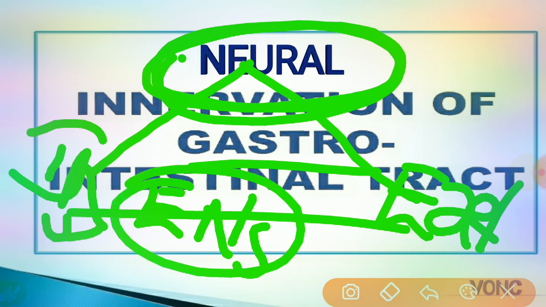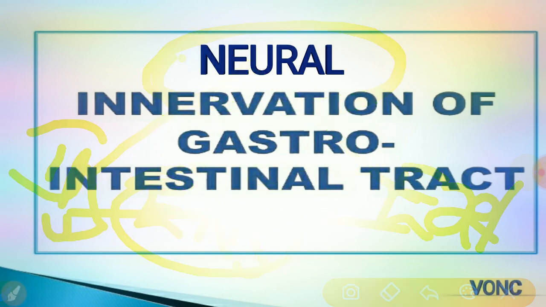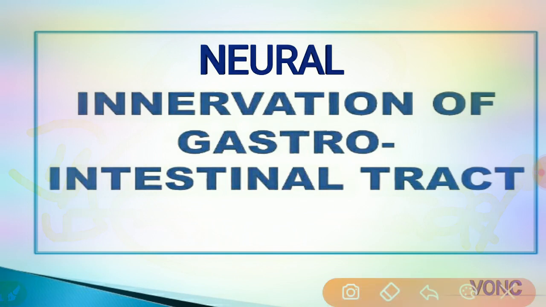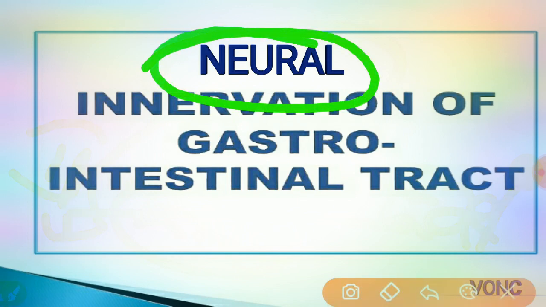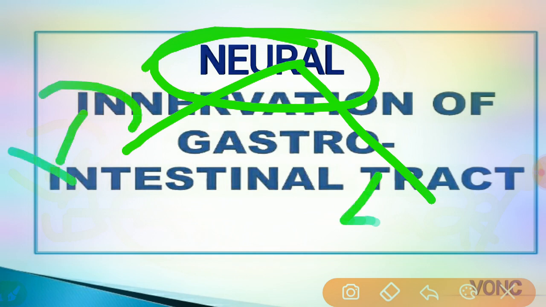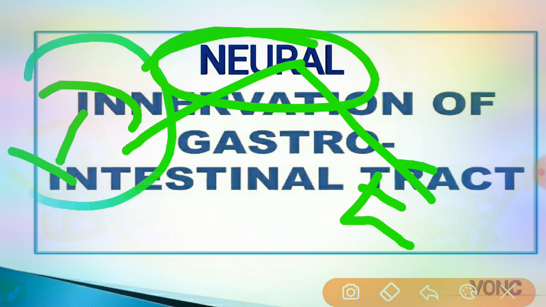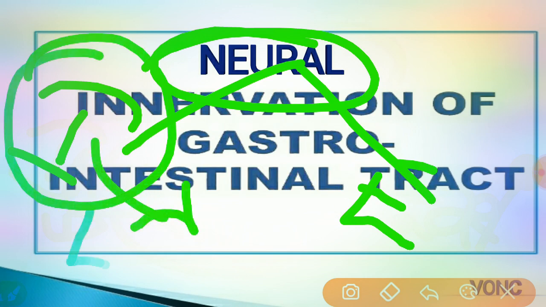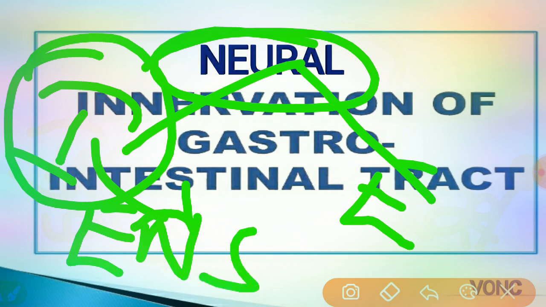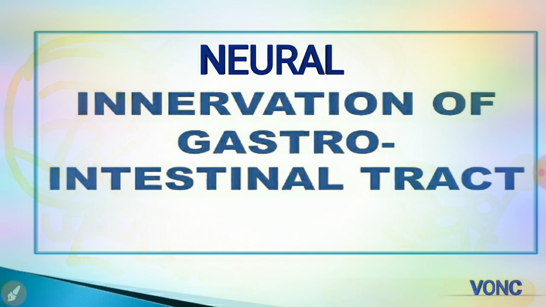The extrinsic set of neurons we call the autonomic nervous system. Don't confuse the neural groups: the gastrointestinal tract is innervated by two sets of neurons. The first is the intrinsic group, the enteric nervous system, and the second is the extrinsic group, the autonomic nervous system. Clear about it? Let's see one by one.